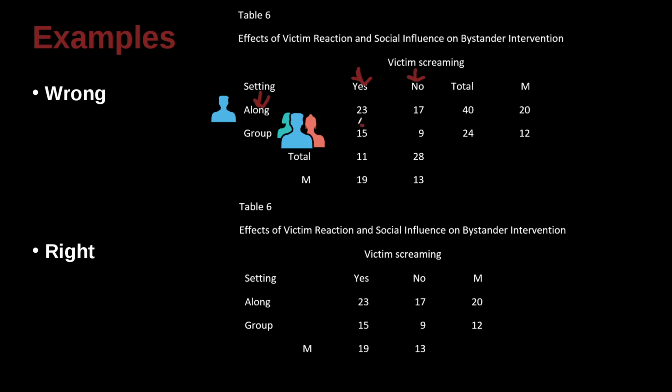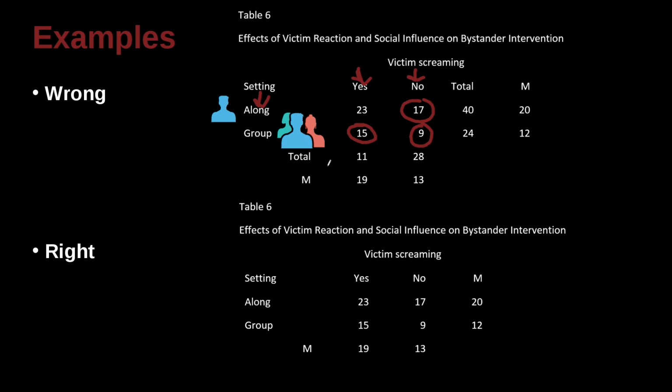Well, this number here would be in the group setting that was with other people 15 times a person screamed, and 9 times a person didn't scream when they were in a group. But when they were alone, not in a group, then it was 17 times screaming. Okay, that kind of makes sense.